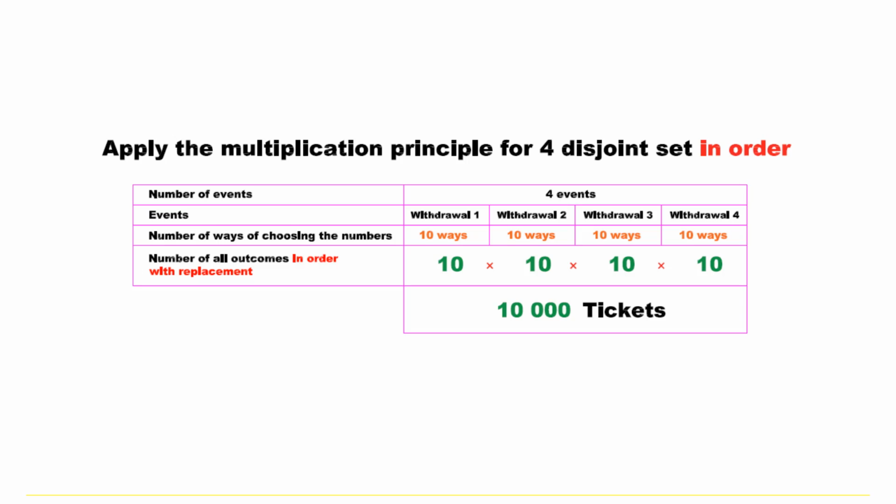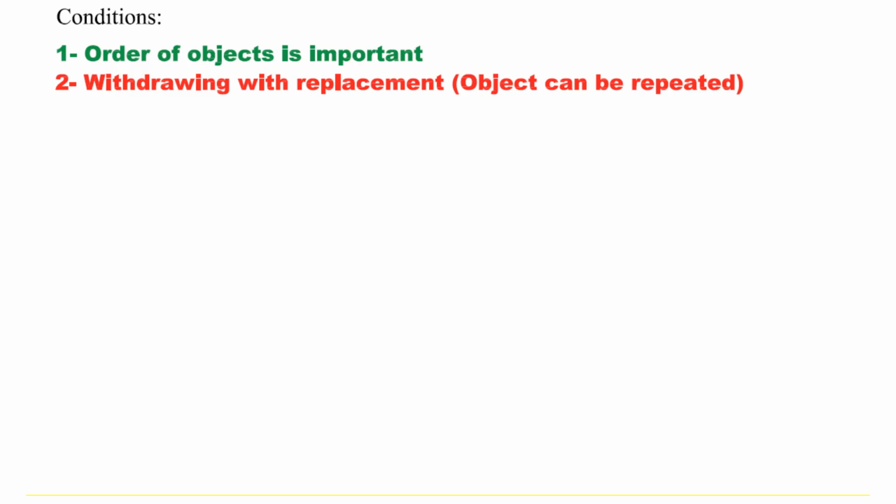The number of winning tickets can also be known using the permutation formula under the following 2 conditions. The first condition, order is important. And the second condition, withdrawing is with replacement. So how do we know that withdrawing is with replacement? Because tickets such as 1122 have 2 repeated digits.